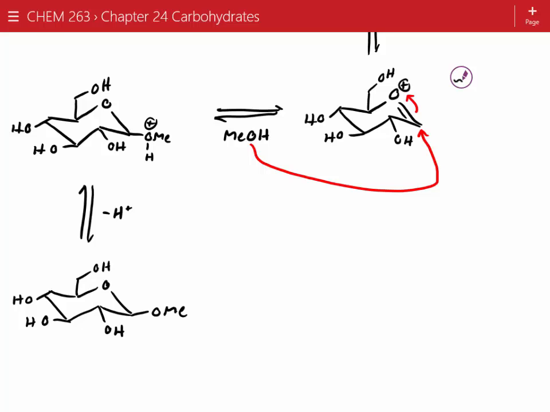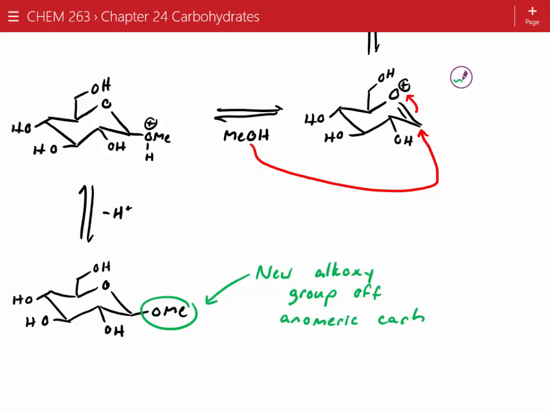So in this case, we end up with a new alkoxy group off the anomeric carbon. All right, so the kind of neat thing with this reaction is that this can also work with nitrogen nucleophiles.